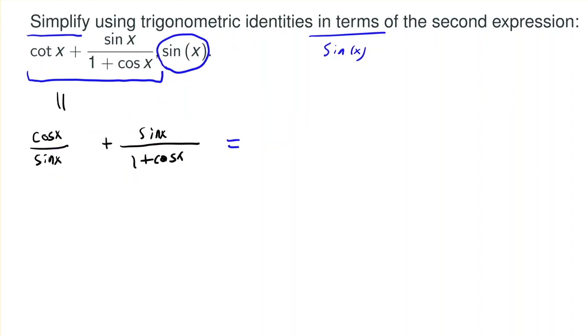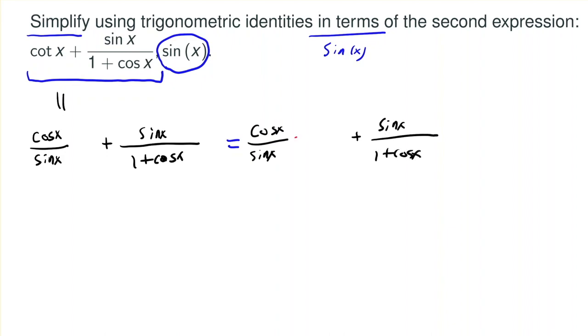So let me write that. I have cosine x over sine x, plus sine x over 1 plus cosine x.